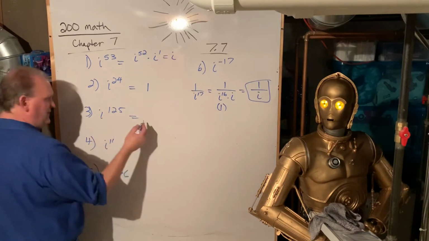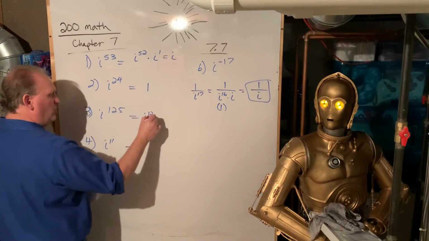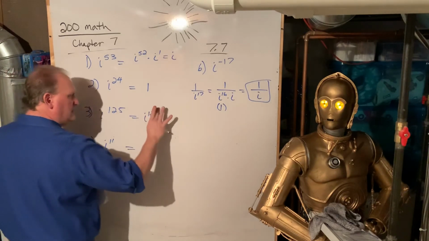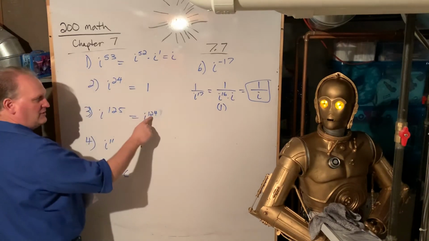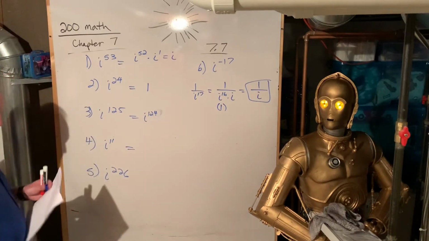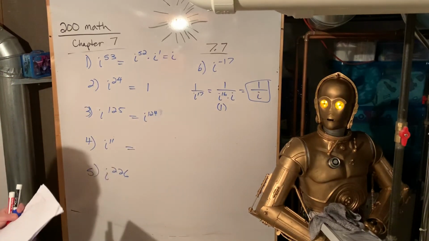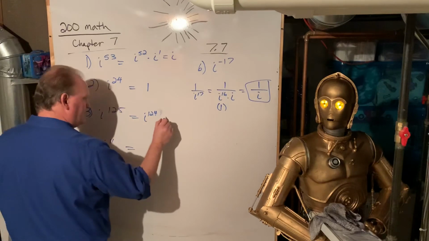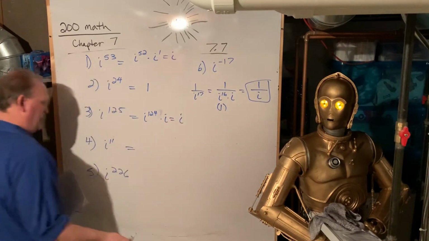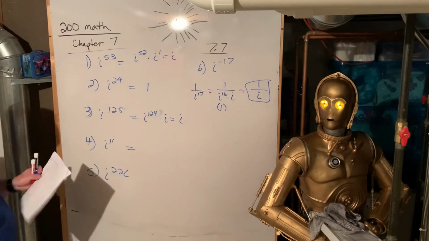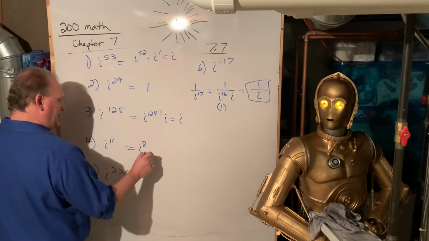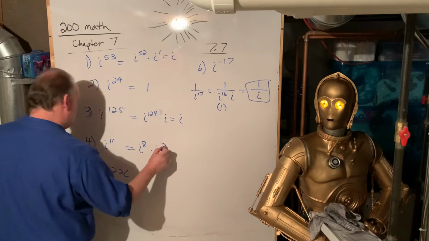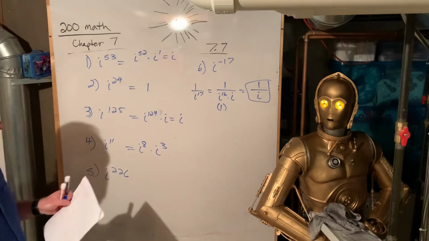i to the 125th, again, i to the 124th is divisible by 4 evenly, right? 31 times, so that's 1 to the 31st power times i. Then i to the 11th is actually i to the 8th times i to the 3rd. Well, let's think about that.